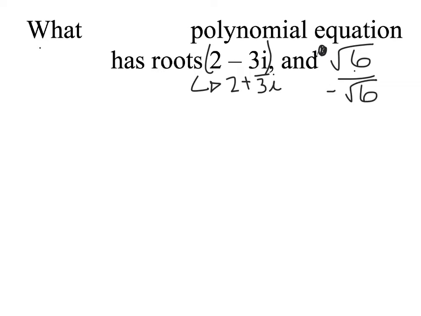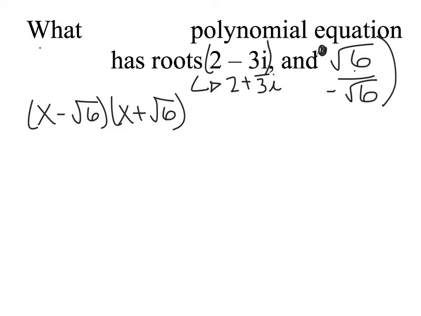So from that, we're going to write our linear factors. I'm going to start with the square root of 6 because it's easier. So x minus square root of 6, x plus square root of 6. Those are my two linear factors from those roots. Then I want x minus the quantity 2 minus 3i and x minus the quantity 2 plus 3i.